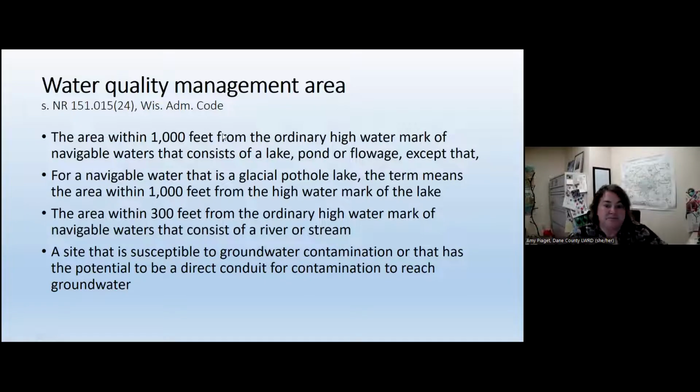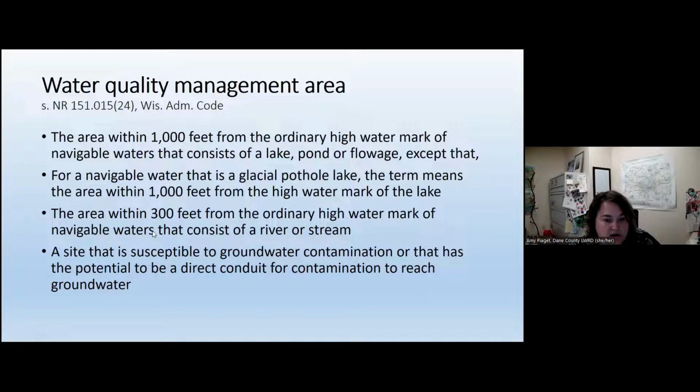And then, especially here in Dane County with the glacial activity that we've had historically, we have glacial pothole lakes as well. So I do have an example of this where it's 1,000 feet from the high water mark of that lake. The next one is more for streams, where for streams or rivers, it's a 300-foot setback. Again, looking at the ordinary high water mark of the navigable waters.